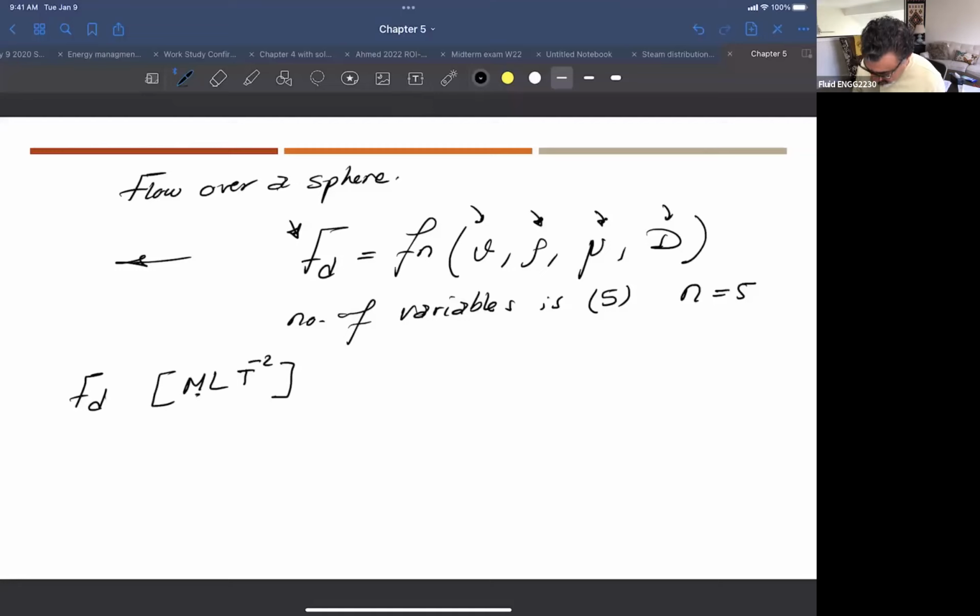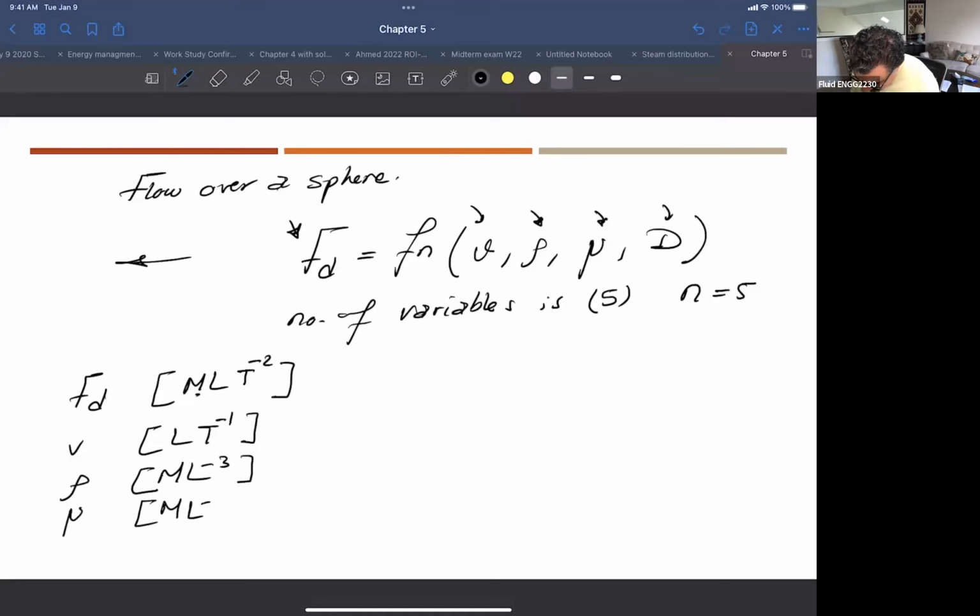How about the velocity? The velocity dimension is L over T, so L T minus 1. How about the density? The density is kilogram per meter cubed, so it is M L minus 3. How about the viscosity? The viscosity is Pascal second, so it's a pressure times second. If you get the dimension of this, it's going to be M L minus 1 T minus 1. So you can get the dimension of all the variables. The diameter, the dimension here is L.